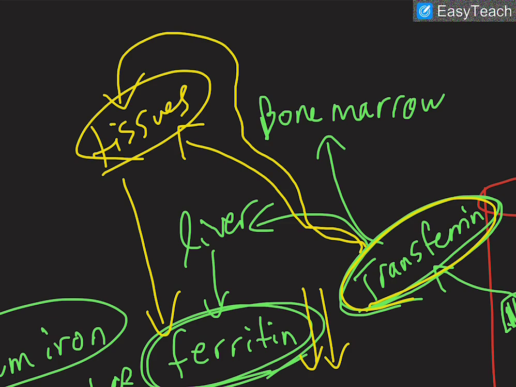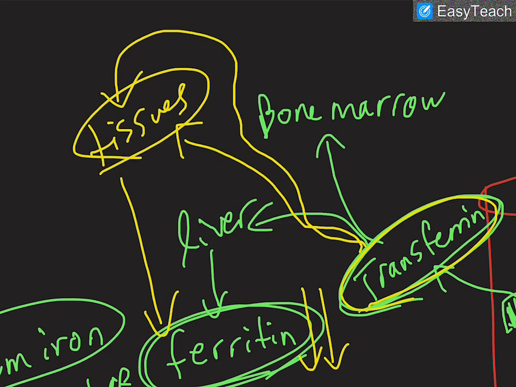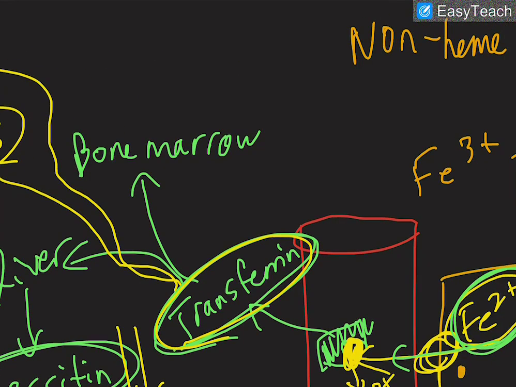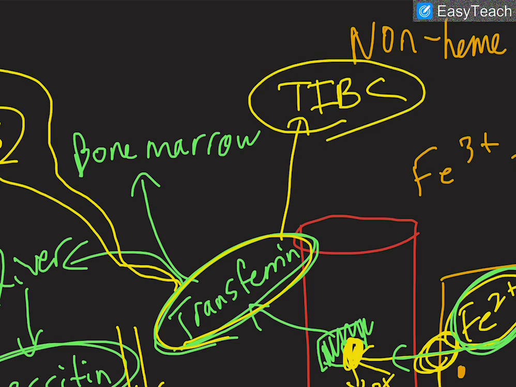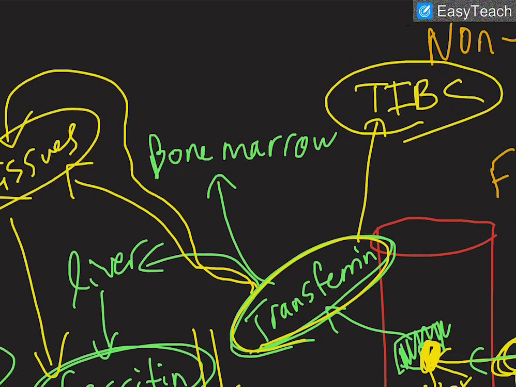So how do you measure transferrin when you're doing labs? You can indirectly measure transferrin amounts by measuring your TIBC, your total iron binding capacity. So TIBC is basically indirectly talking about transferrin, and I will refer to TIBC as transferrin now, so it's easier to understand.